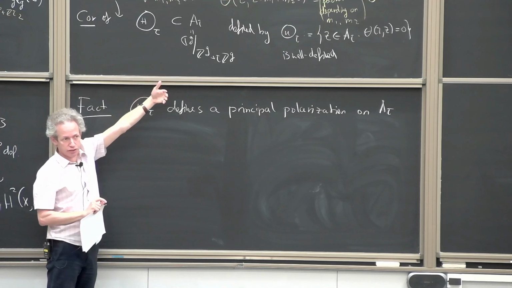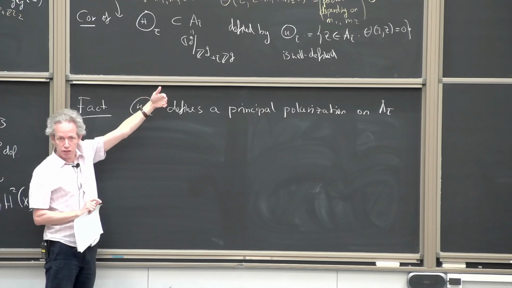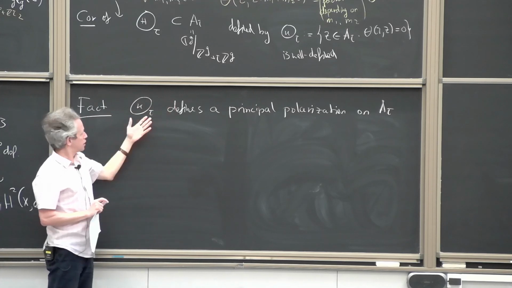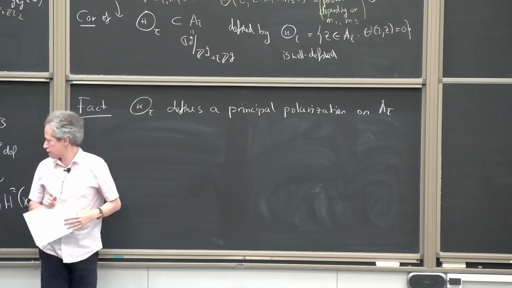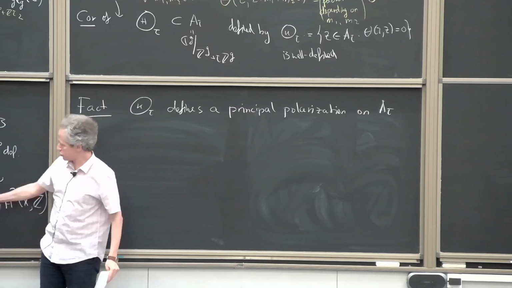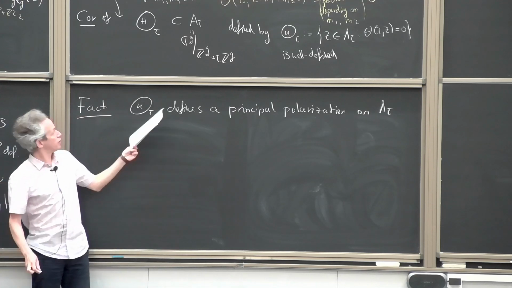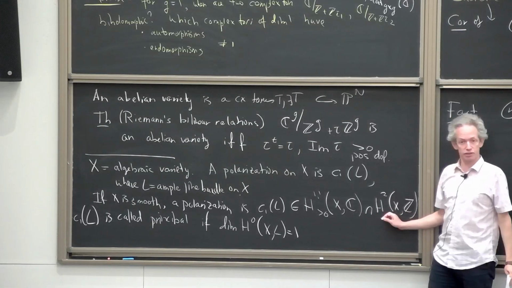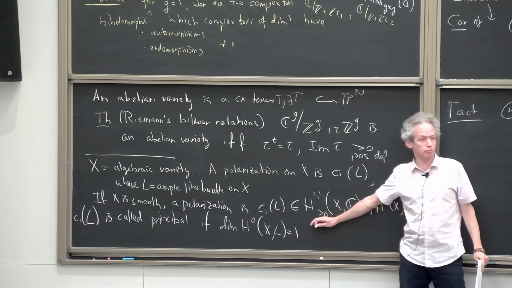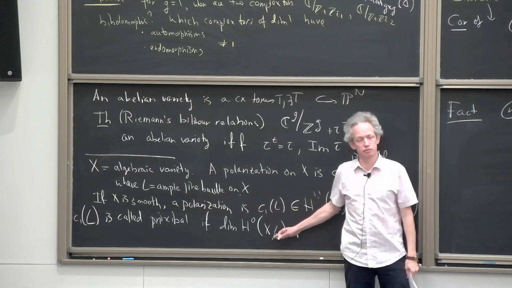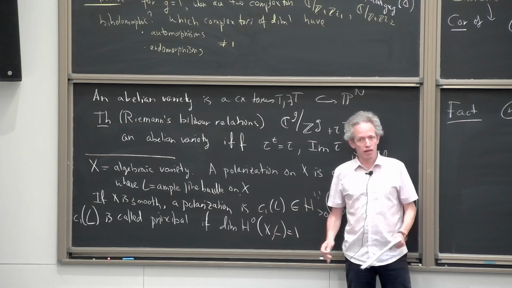It's a codimension 1 subset of A sub tau, so it's a divisor on A sub tau. It has a homology class, which is a class in H^{1,1} because it's a complex subvariety of codimension 1. It's a well-defined subvariety, so it's an integral class. I'm claiming that it's an ample class, which I'm not proving. I'm moreover claiming that the dimension of the space of sections is 1. This is a bit sloppy.